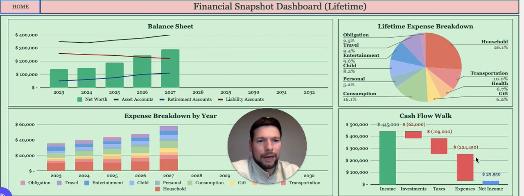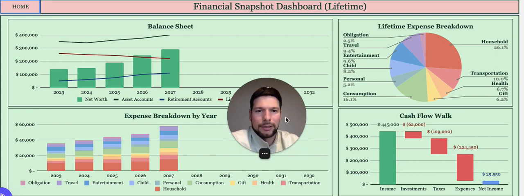And then they lived off of about $250,000, not quite. And then after all these expenses, savings, and taxes, they had an extra $30,000 to do whatever they like with. Maybe it's just sitting in a bank account waiting to be put in an investment, or maybe they're saving up for a dream home or a dream car, whatever it is. That's how much money they had left over after all their expenses were factored in.